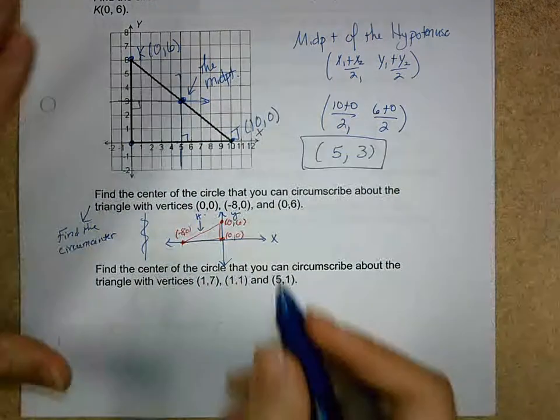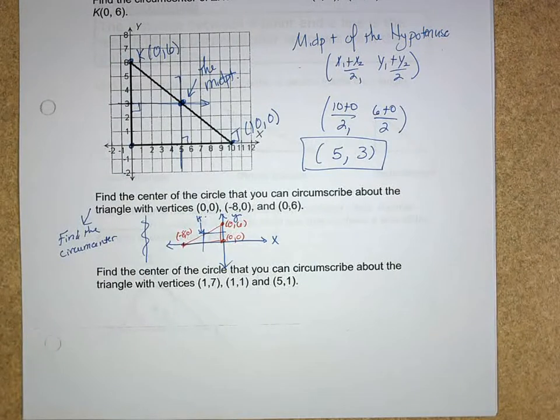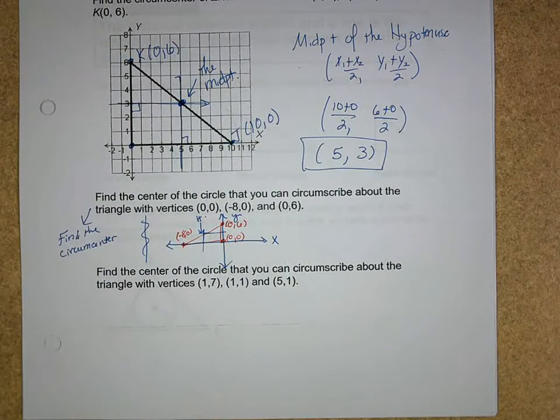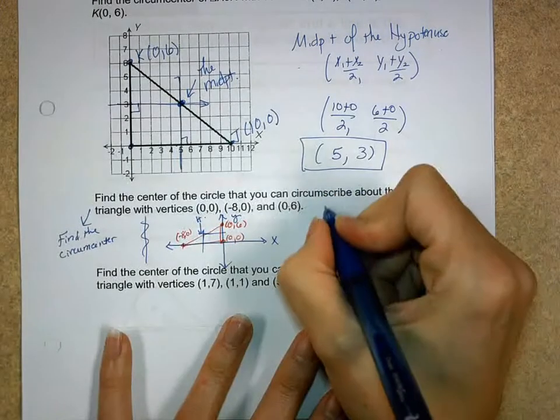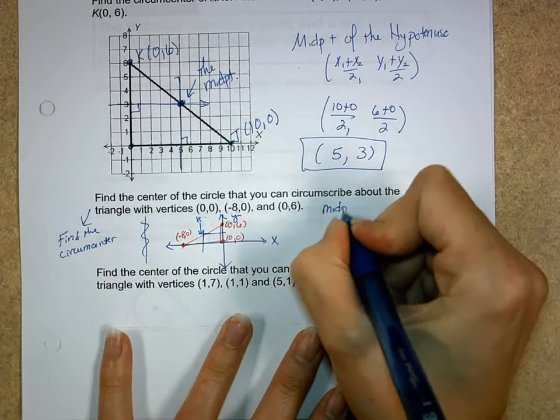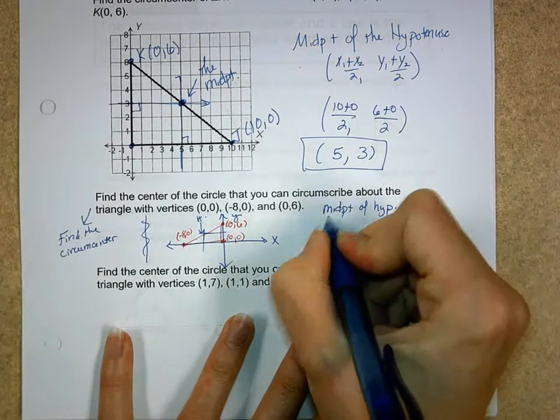So where's the circumcenter going to hit? The circumcenter is going to hit at the midpoint of my hypotenuse, because that's where the perpendicular bisectors will intersect. So remember, the midpoint of the hypotenuse is the following.